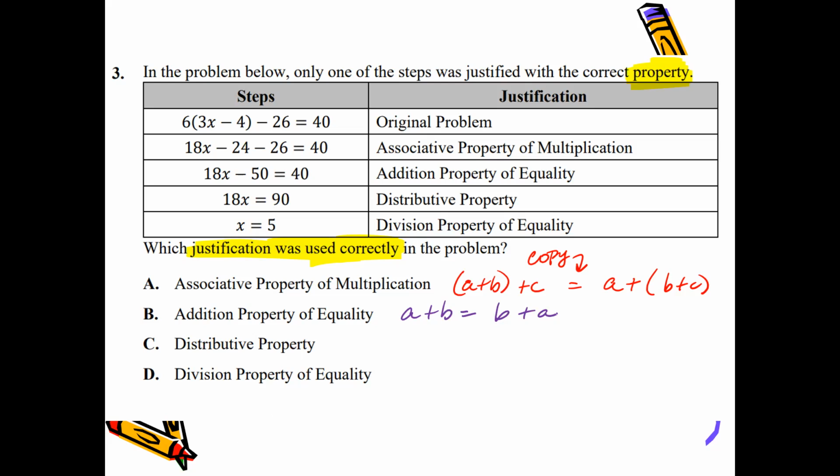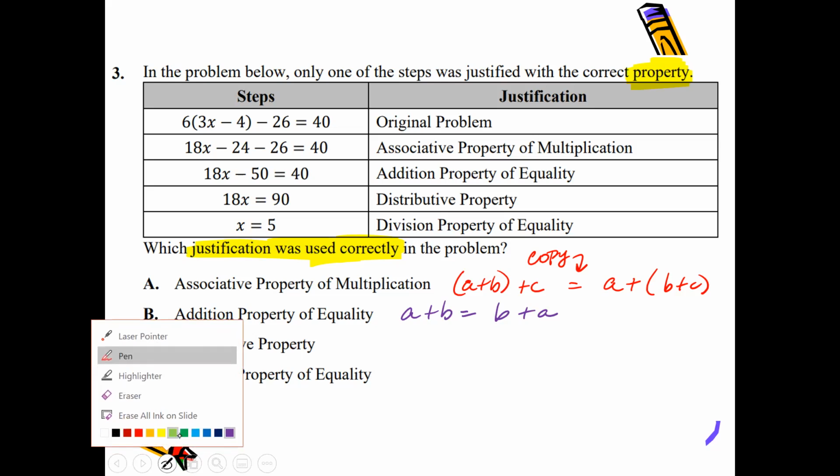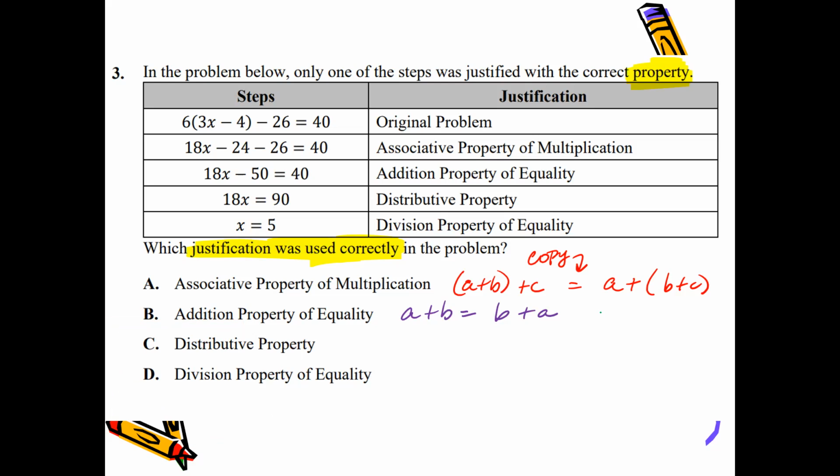So what that means is that if I add something to one side, like x minus 2 equals 5, if I add 2 on both sides, that is the addition property of equality.